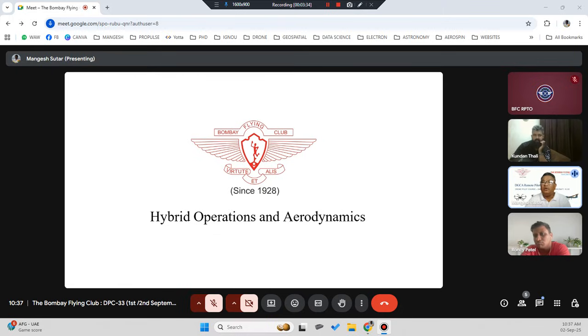That is what we call hybrid, or VTOL, vertical takeoff and landing. Hybrid is basically like your fixed wing: it can fly like an aeroplane, whereas when it is taking off and landing, it can take off and land as a rotorcraft. So, a combination of both, it can hover as well as fly horizontally in the sky.